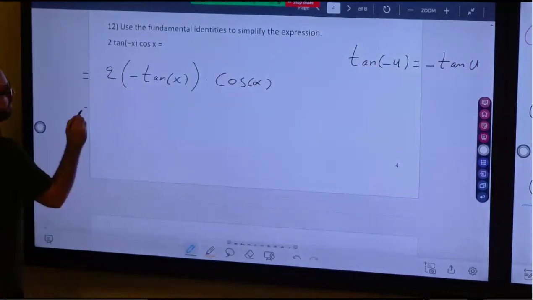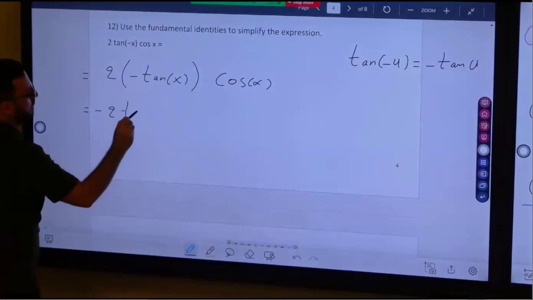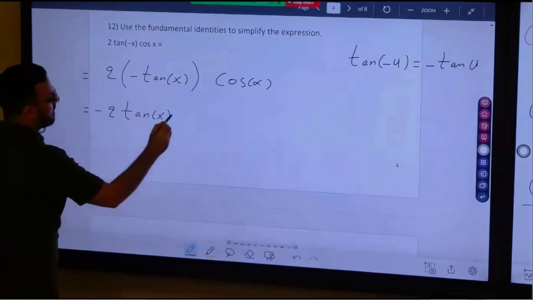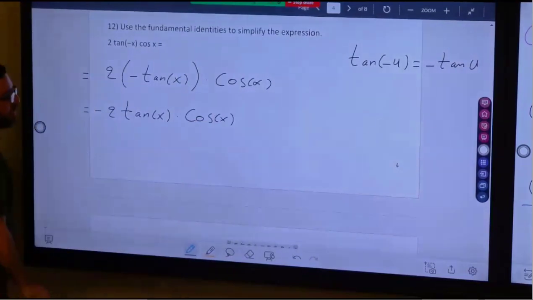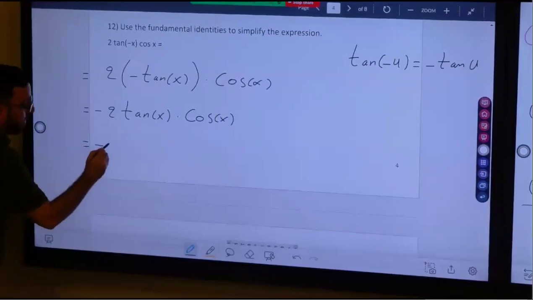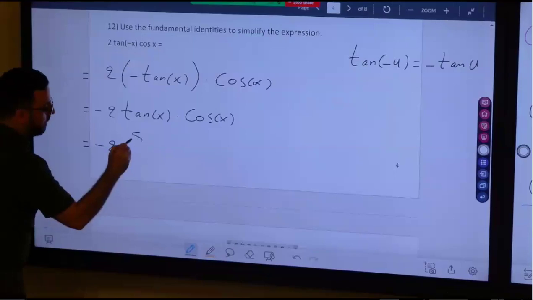Negative times two is negative two, tangent x times cosine x. Now what's the next step? Tangent equals what? So here is negative two.